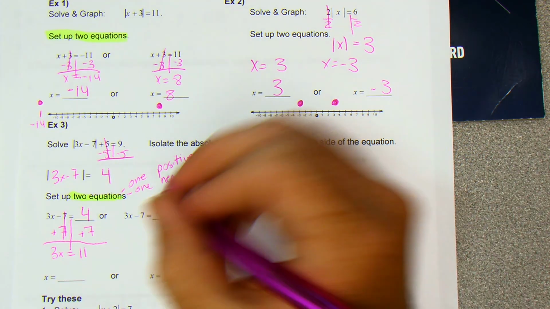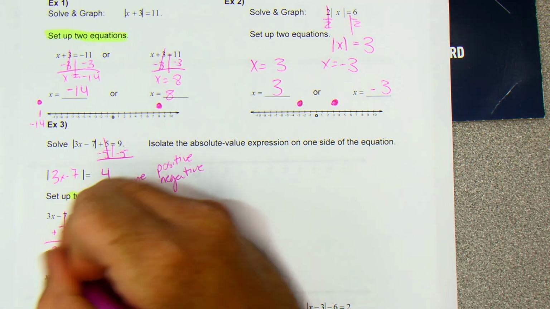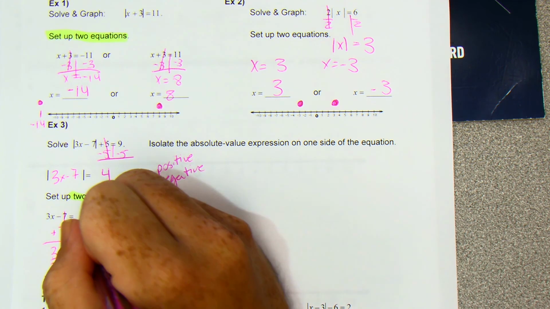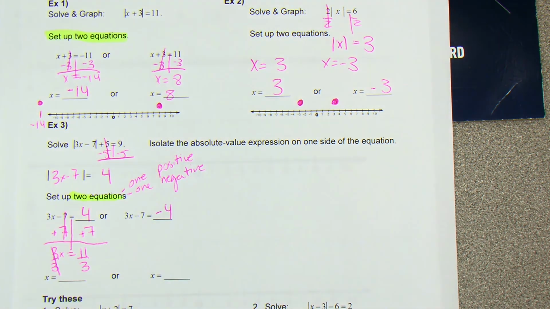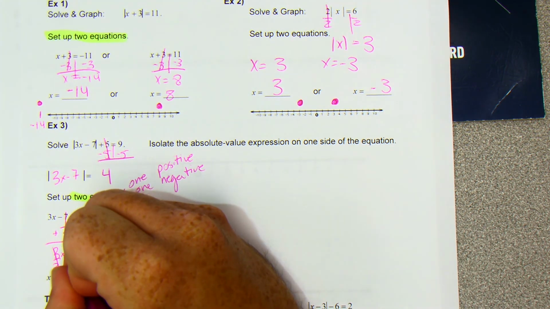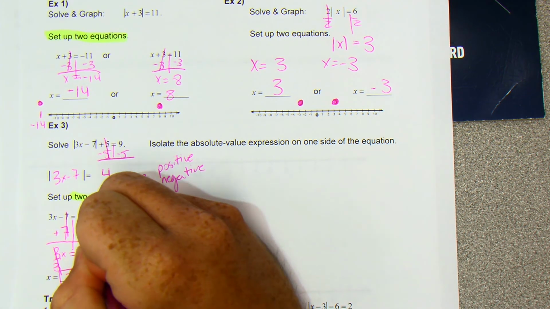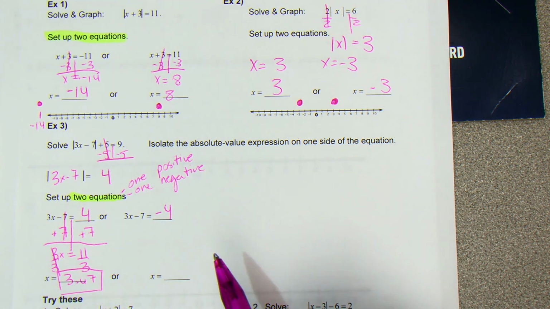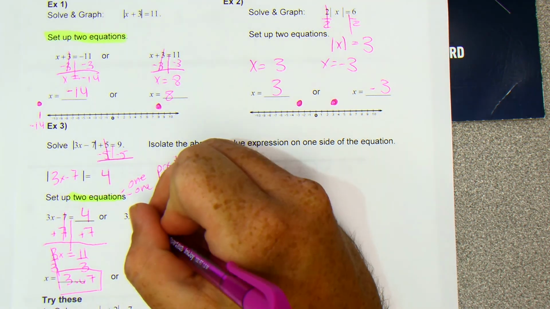Then I would divide by 3, and I would get x equals 11 over 3. Let me put this on my calculator because this is going to be a decimal. So I do 11 divided by 3, and that is 3.66 repeating. So I'm going to round that to 3.67. So x equals 3.67.